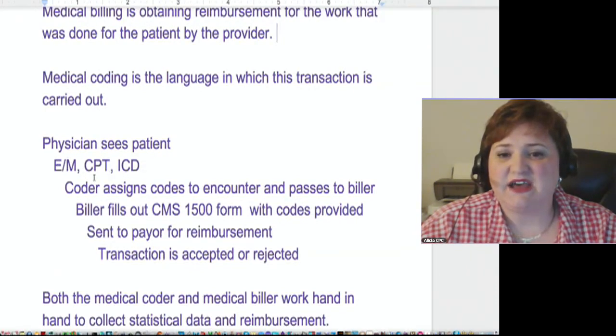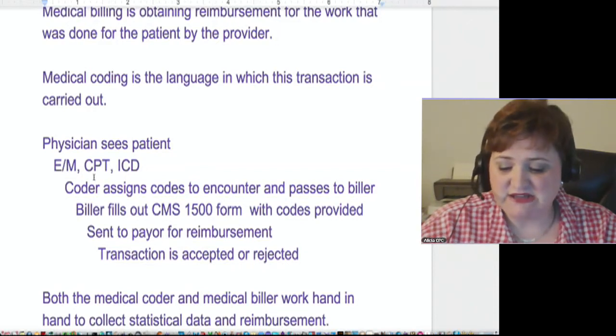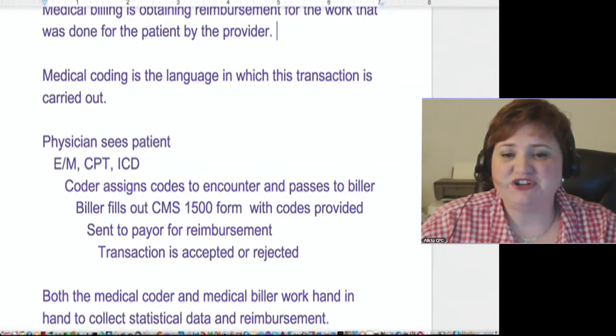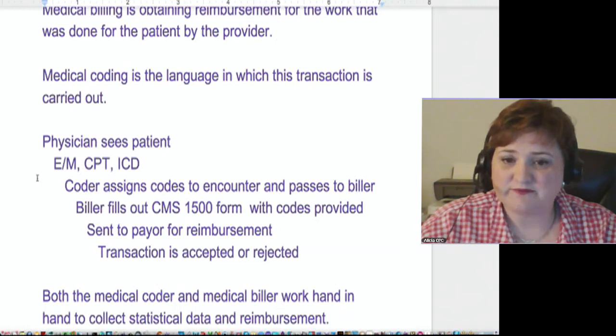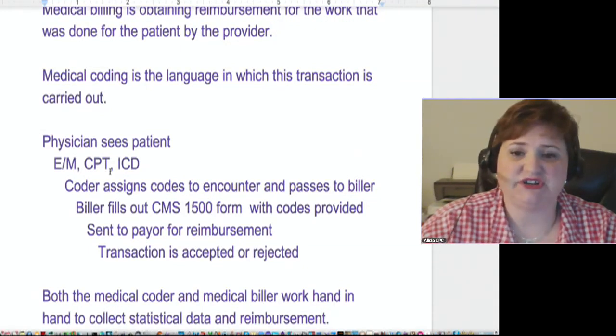By what he does to her with the evaluation and the management, CPT codes and ICD codes are assigned by the coder. Okay, and let's say that he did a yearly physical for her and checked her diabetes, and noticed that it appears that she has hypertension.